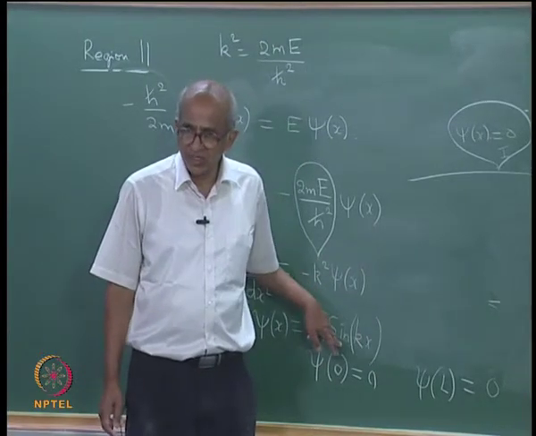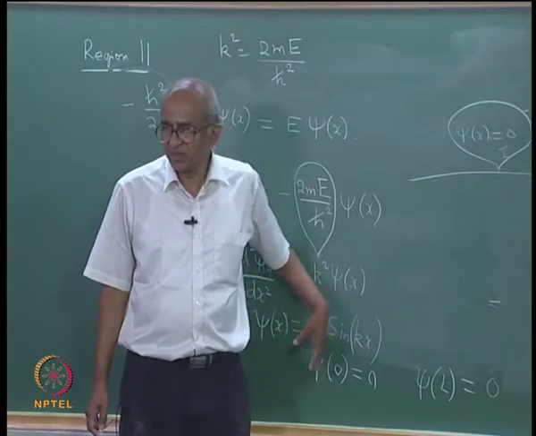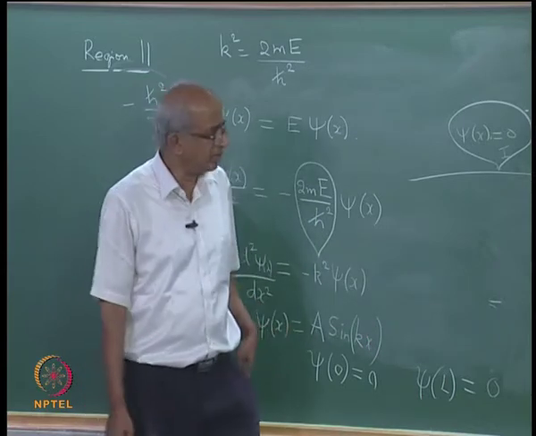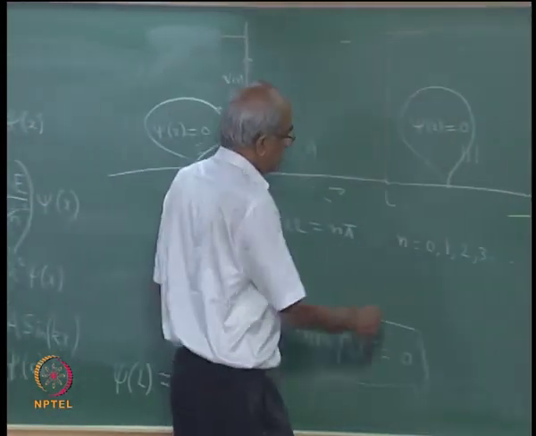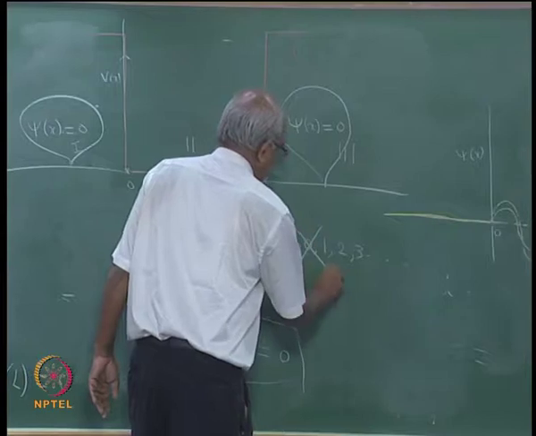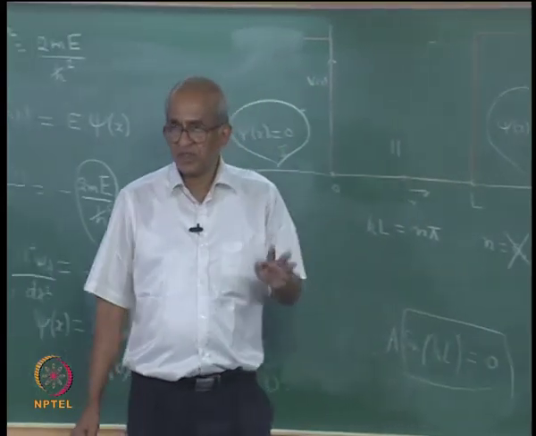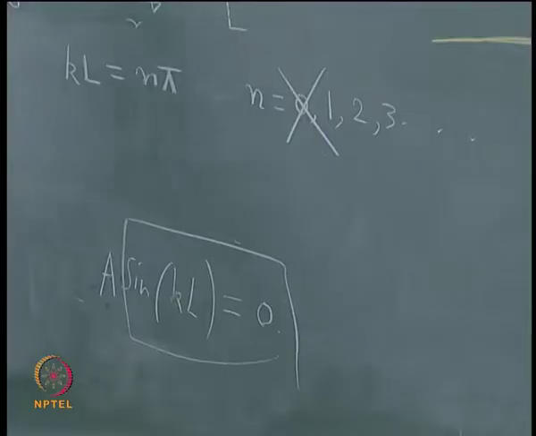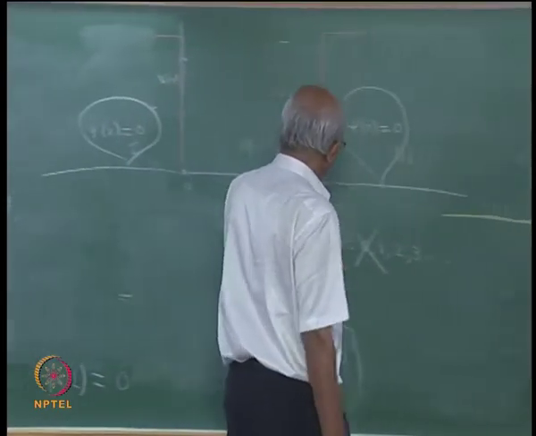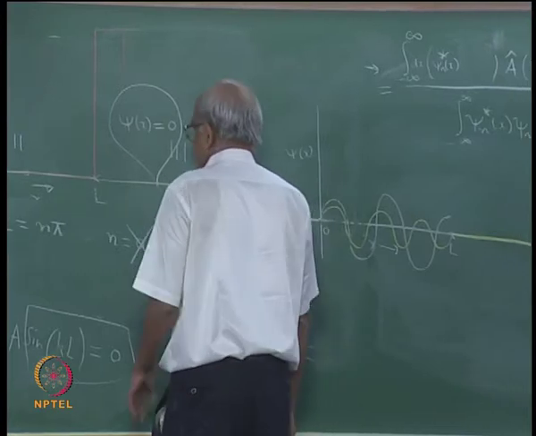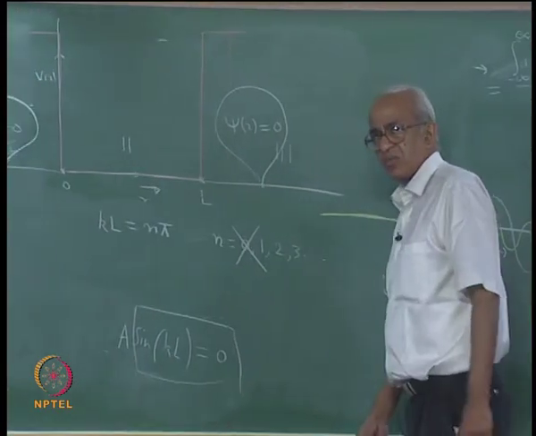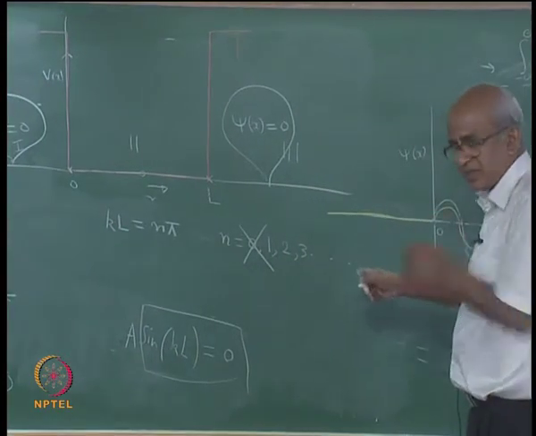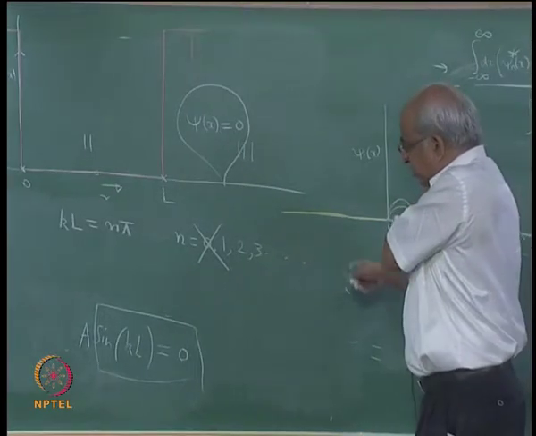You will get 0 again, which is something that you do not want. That is not an acceptable solution. So among these values, n equal to 0 we are going to omit, because it does not give me an acceptable answer to my problem. Therefore, the only possible values of n are 1, 2, 3, 4, 5, 6, etc. N has to be an integer, taking the value 1, 2, 3, 4, etc.